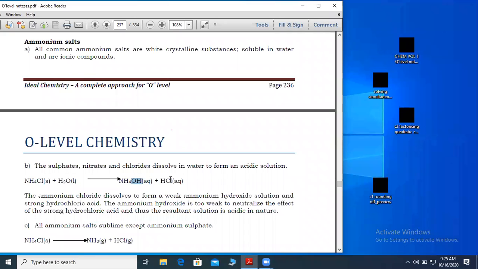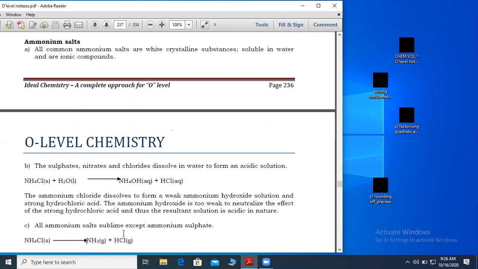So the hydrogen ions from hydrochloric acid, since they are many, will neutralize the hydroxide ions, and they will still remain in the solution. So that's the reason why the solution is what? Acidic. And when we say explain, I told you, you should also write the equation.